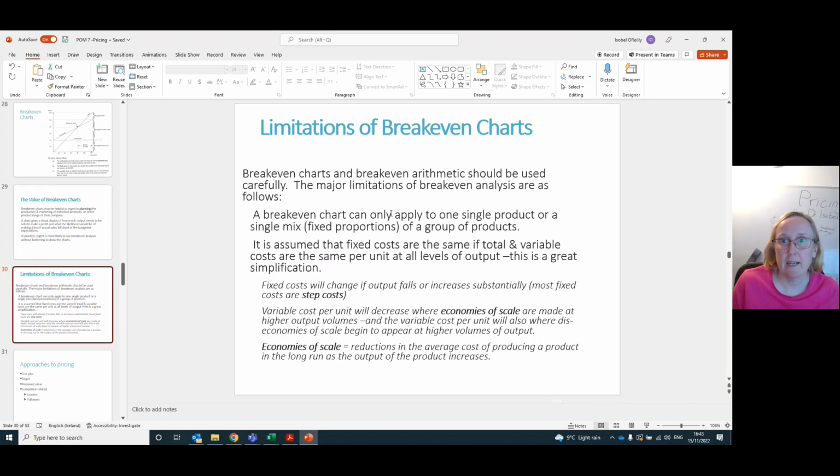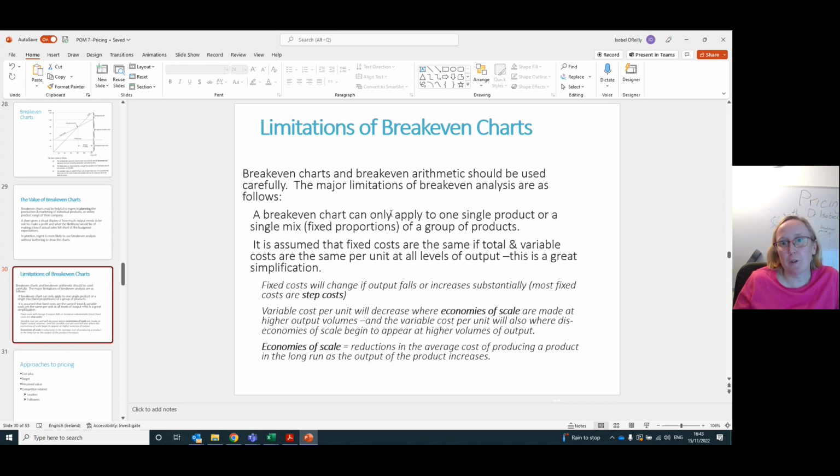We can sublet parts of our building, or we can make staff redundant if we have to. Even if they're full-time staff, we can put them on part-time contracts or change their hours and so on. So there is room for maneuver. These are kind of a simplistic tool in that sense.